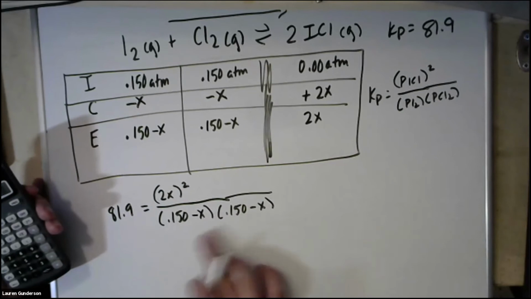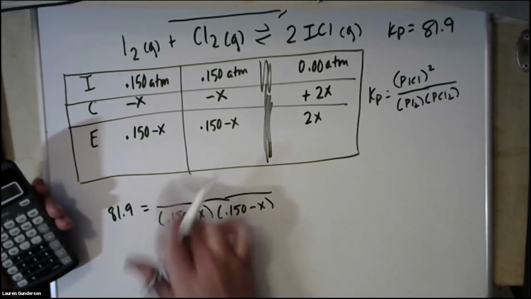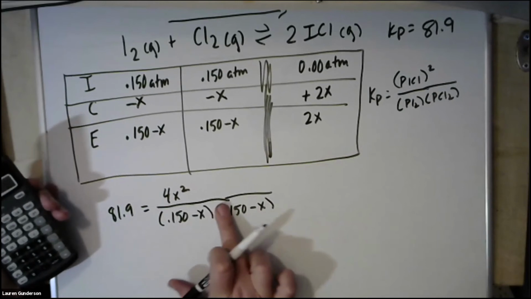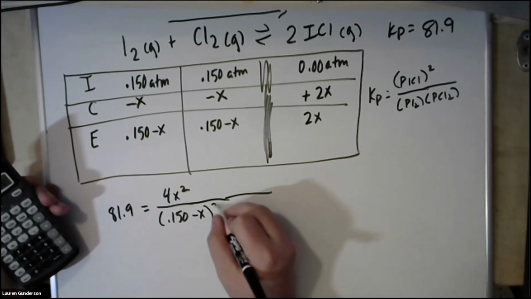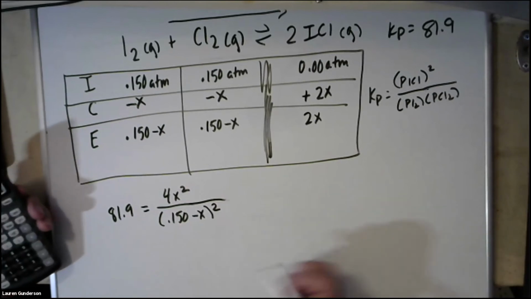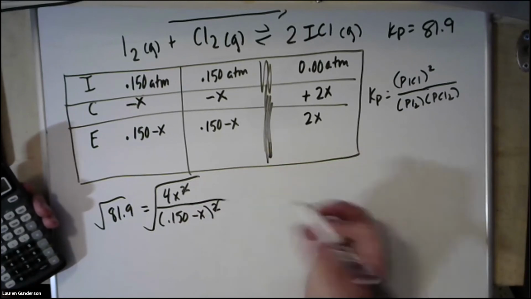Okay, so we can rewrite that in a little more shorthand form. So I'll square the 2x squared. So it'll be 4x squared. And I'll rewrite this as 0.150 minus x squared. All right, and now we can take the square root of both sides and get rid of these exponents.